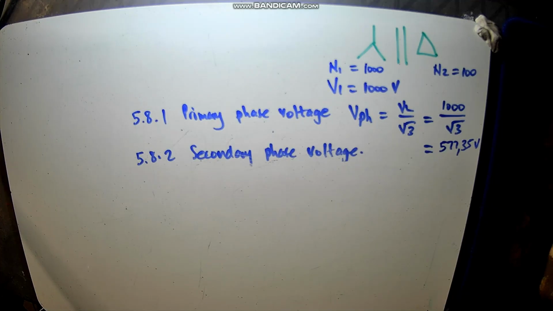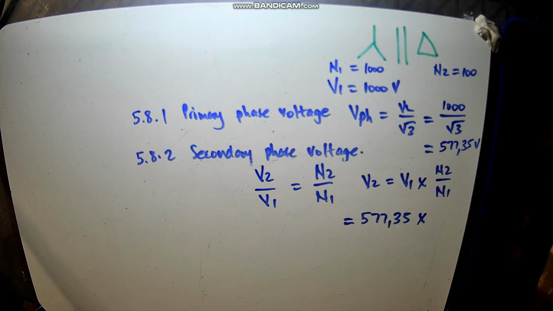Now the second question says the secondary phase voltage. So this means V2 will be on top, and you can only use phases in this formula. So in this formula, notice that V2 will be on top because that's what you are trying to calculate. Multiplying both sides by V1 to make V2 subject of the formula.